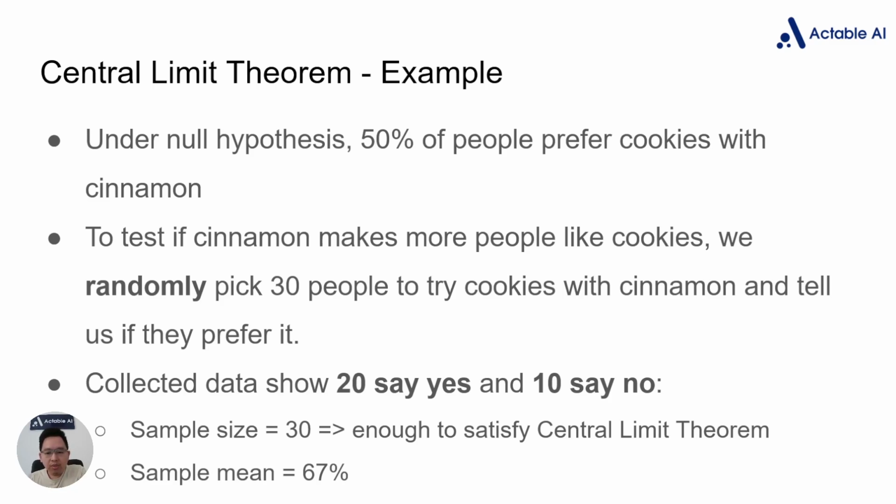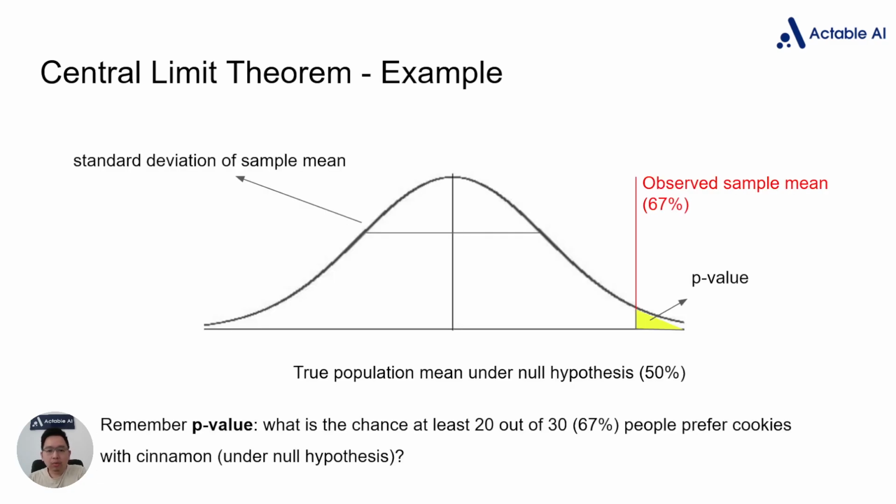Let's say if yes is 1 and no is 0, then the mean here is about 67% of them saying yes. Under the null hypothesis, the mean here is 50%.